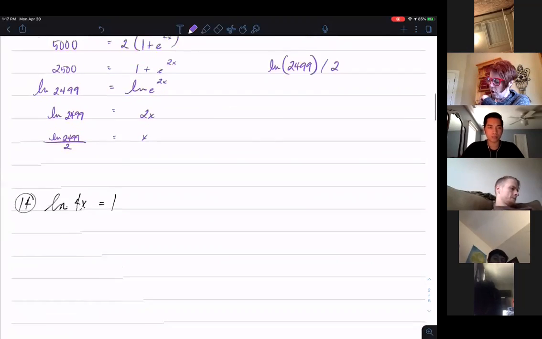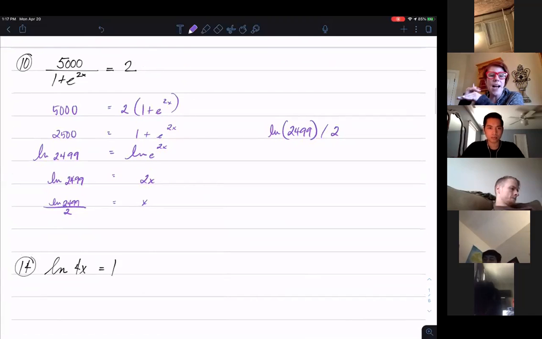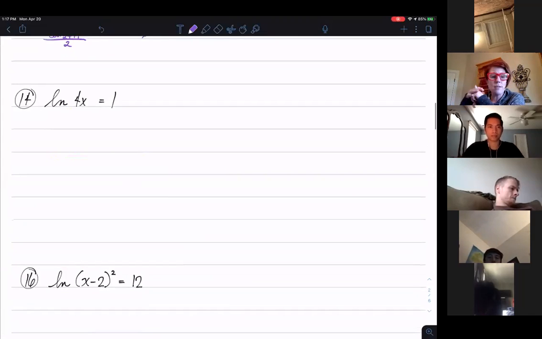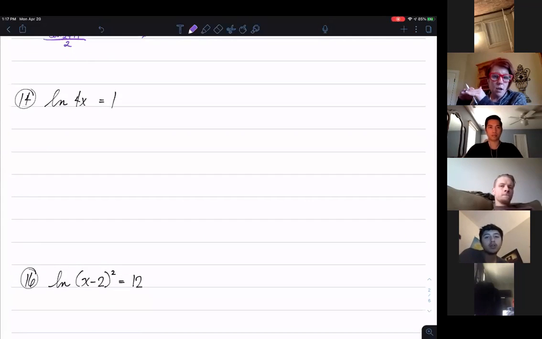So just like on the last few questions, I logged both sides. On this question, it's not that I want to log both sides. I'm going to, how do I say it? This is the wrong way to say it, but this is what I'm going to say. I'm going to e both sides.